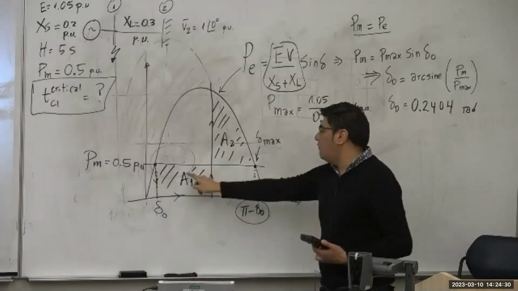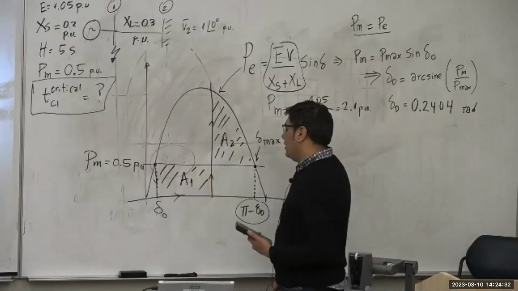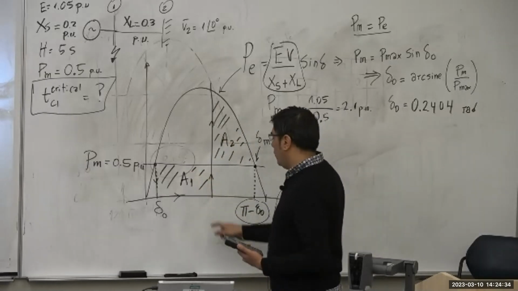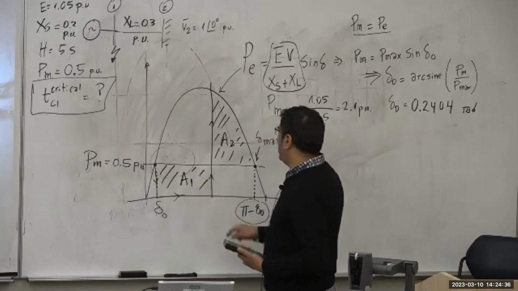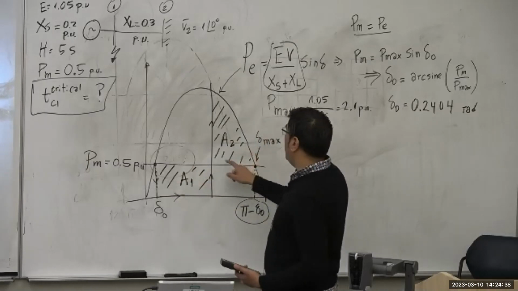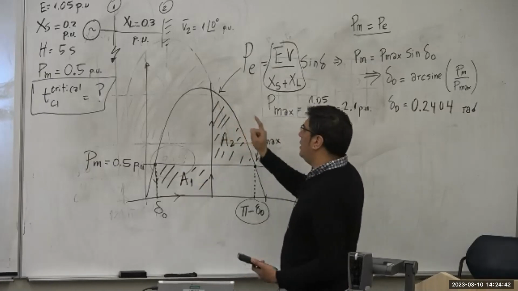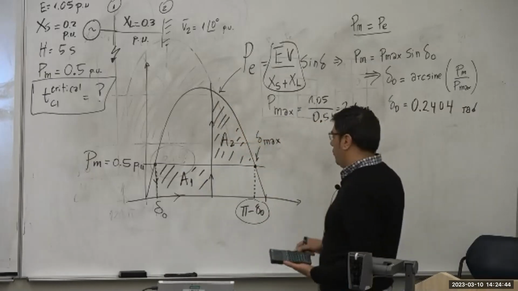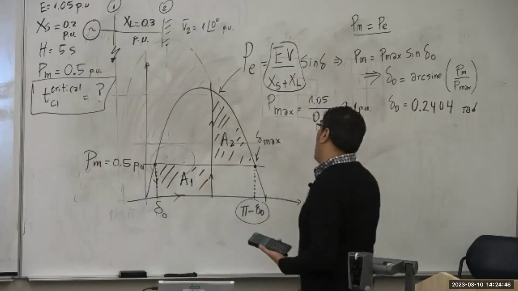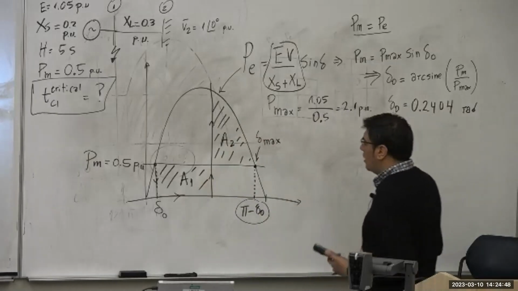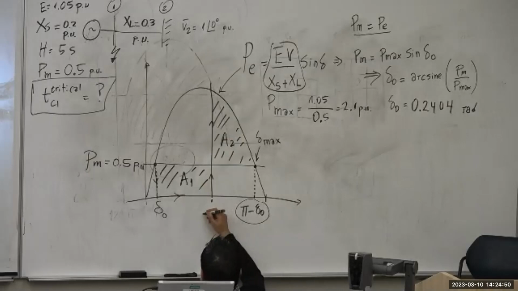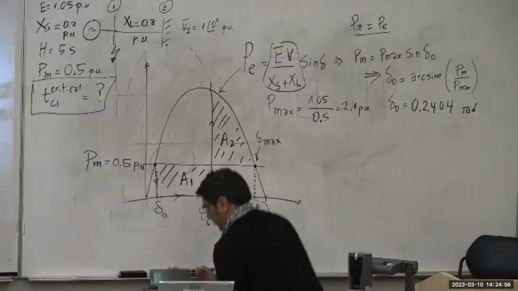The integral of the accelerating power, when the accelerating power is positive, must be equal to the area of the decelerating power when the decelerating power is also positive. So area 1 must be equal to area 2. And this is going to be the critical clearing angle.